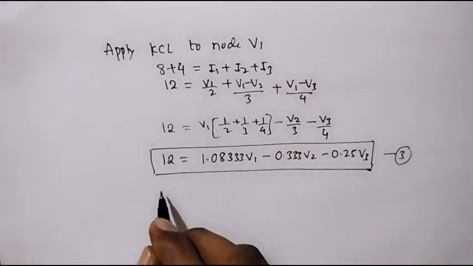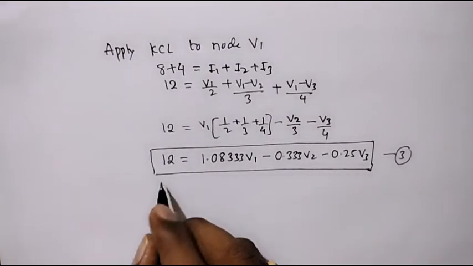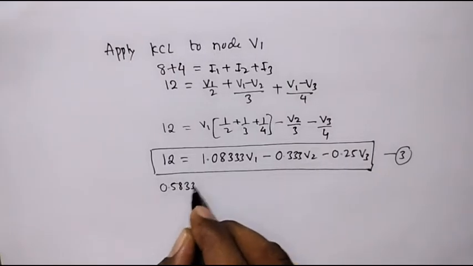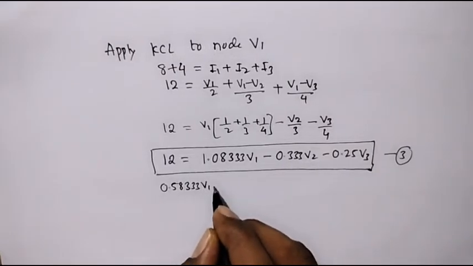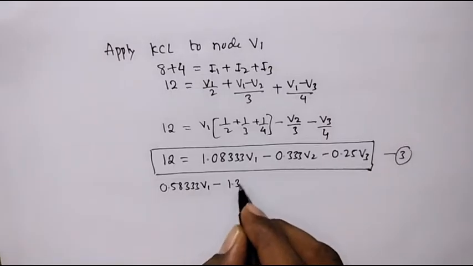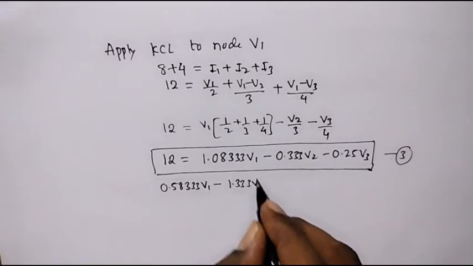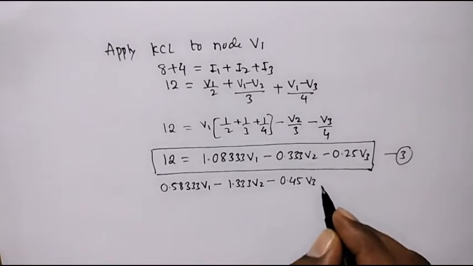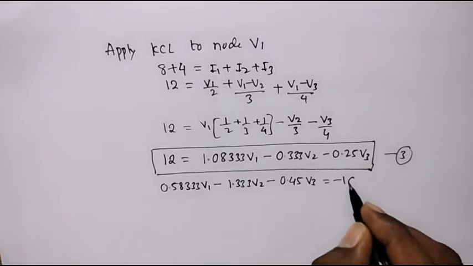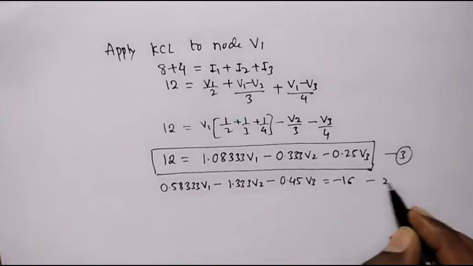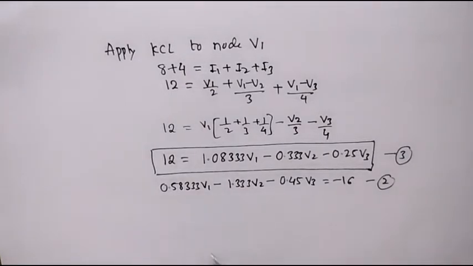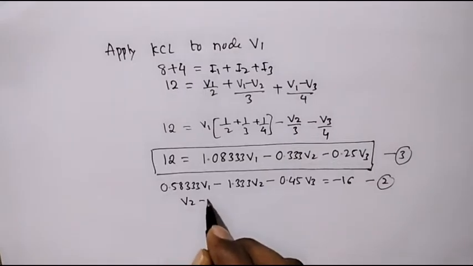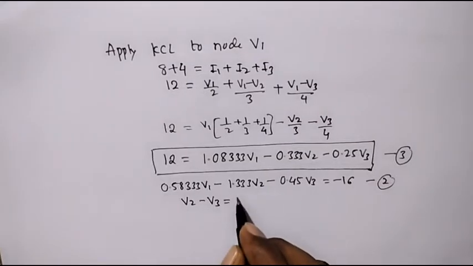Now I will rewrite equation number 2 for reference: 0.58333 V1 minus 1.333 V2 minus 0.45 V3 is equal to minus 16. This is equation number 2, and equation number 1 is V2 minus V3 is equal to 10.